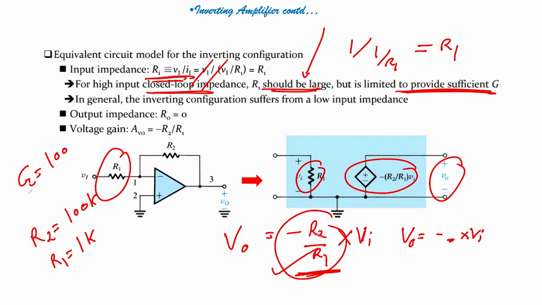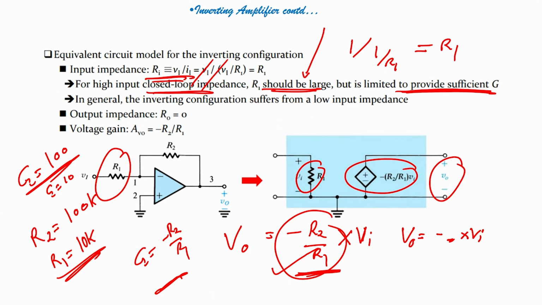So, it is limited by the gain. Even if we want higher, if I put like 10k here, my gain will not be 100, my gain will become 10, right. Why will gain become 10? Because gain is nothing but minus R2 by R1, right. So, it is limited to provide sufficient gain, alright. This is an example which we have seen.